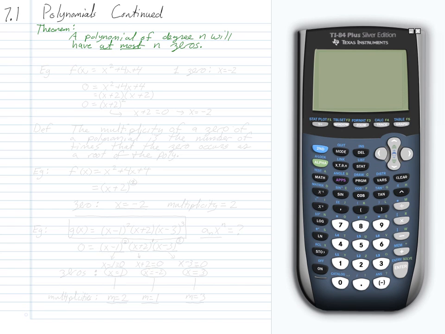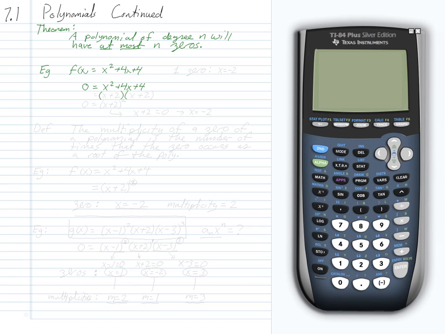We've seen this idea in practice before when we talked about polynomials of degree 2, say f of x equals x squared plus 4x plus 4. If we wanted to find this polynomial function's zeros, or x-intercepts, we would set the function equal to 0, and then work towards solving for x. Now this is a quadratic, so we should see if it factors.